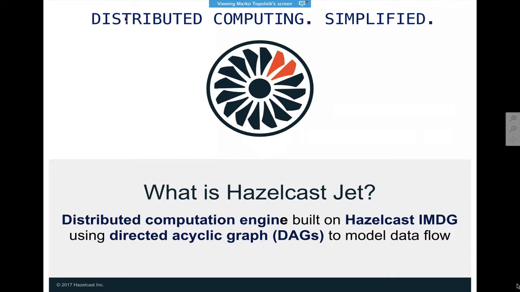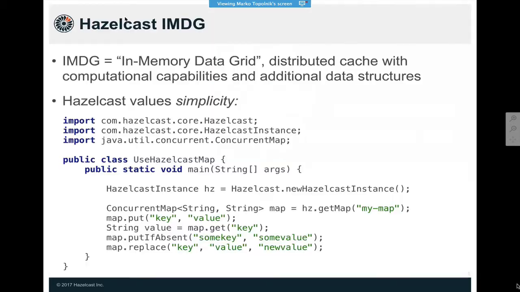And before we go to Hazelcast Jet itself, I'll tell you a few notes about Hazelcast IMDG because it's the underlying technology here, and probably most of you are already familiar with Hazelcast IMDG, but still some context and some important points as we move on to Jet.